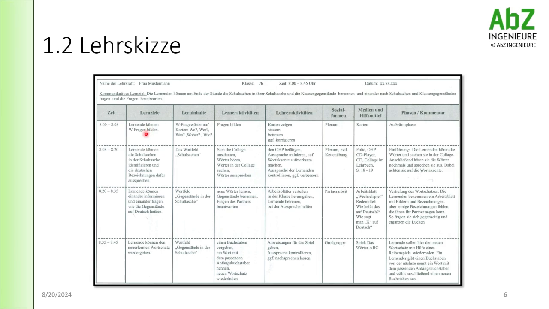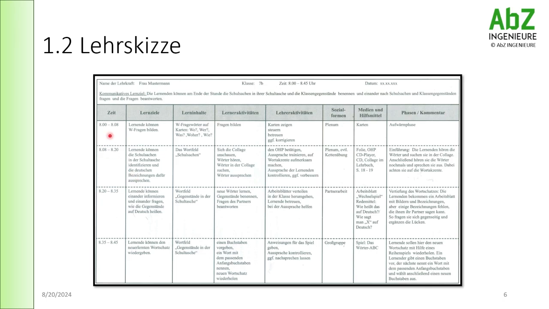So the way you formulate your individual Teil-Lernziel should eventually contribute to the final Kommunikatives Lernziel. Like we saw before, these are all the column headings. So you have time, you have Lernziel, you have Lerninhalt, you have Lerneraktivitäten, you have Lehreraktivitäten, and you have Sozialform, you have Medien und Hilfsmittel, and then the Unterrichtsphase or remark.